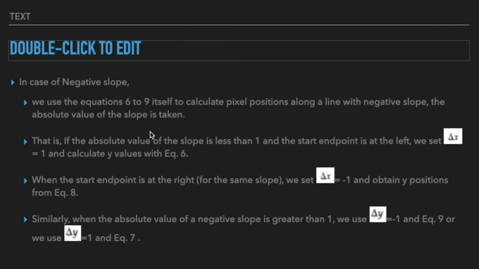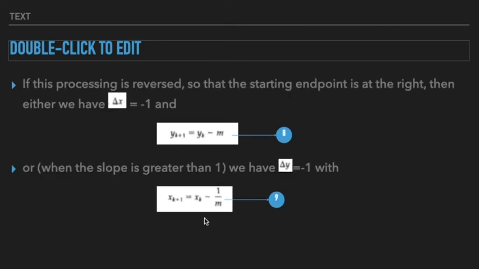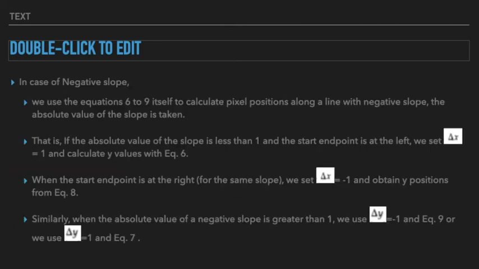Then we use the same equations, equations 6, 7, 8 and 9, only that when you take the value of m, you take the absolute value of m. The value of m will be negative, so you take the absolute value so that it becomes positive.